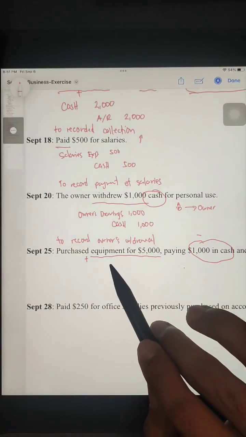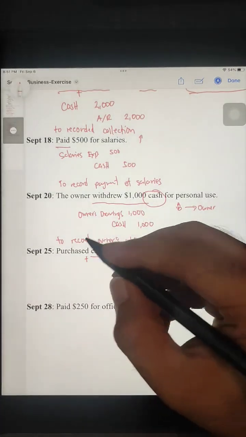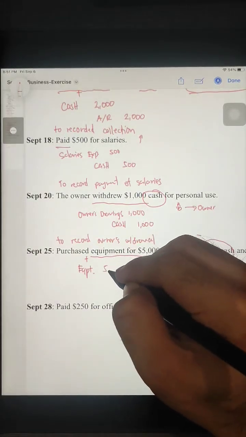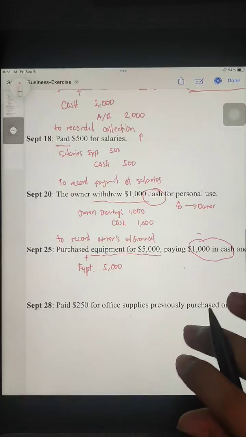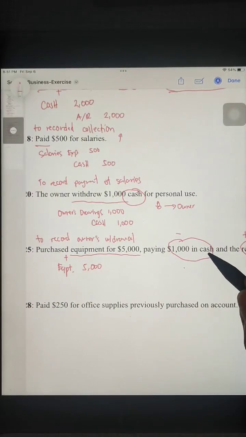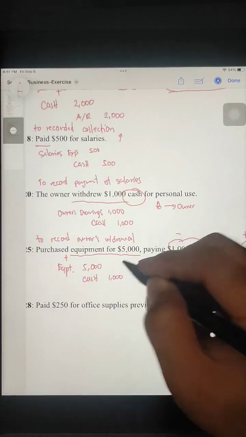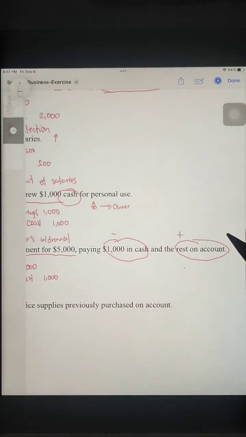Equipment is an asset, and since nadagdagan siya, it demands a debit. Equipment, 5,000. Next, nabawasan yung cash natin. Cash is an asset, and since nabawasan siya, it demands a credit. Cash, 1,000. And lastly, nadagdagan yung utang natin.